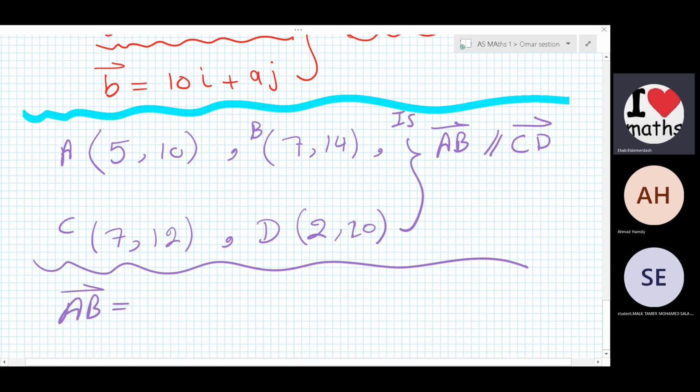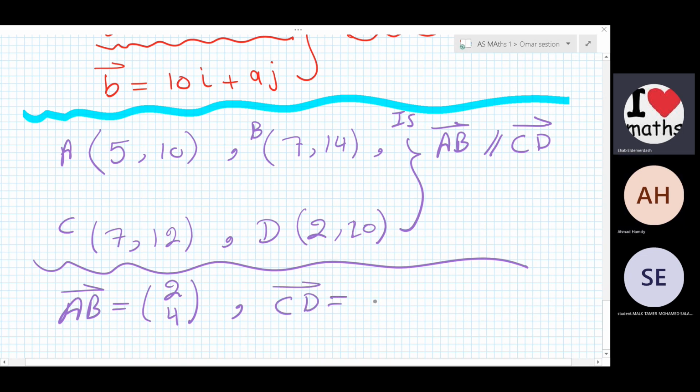We can do it normally: B minus A. We can find that as, sorry, we take the x first: 7 minus 5 is 2, and 14 minus 10 equals 4. This is the vector AB. Now let's see the vector CD.